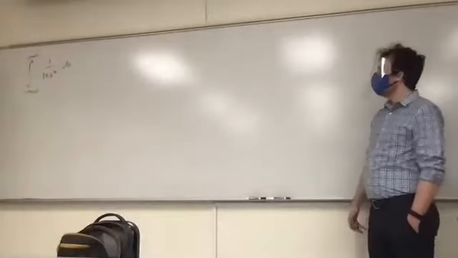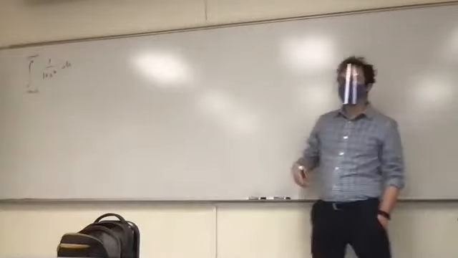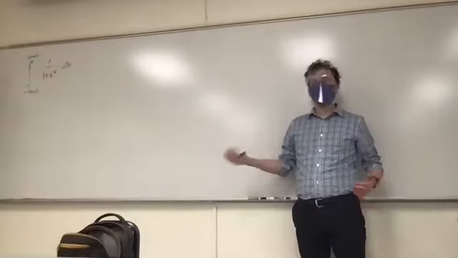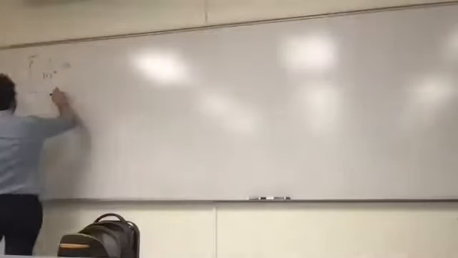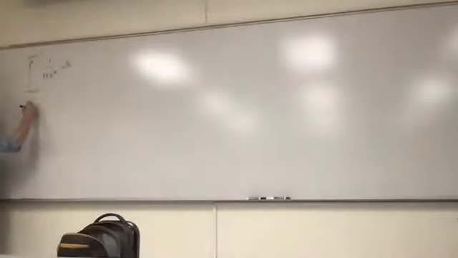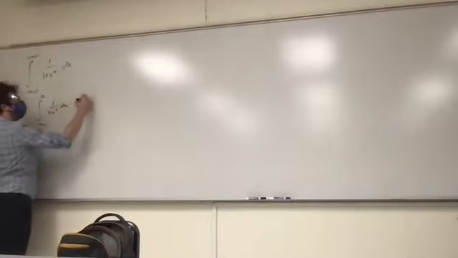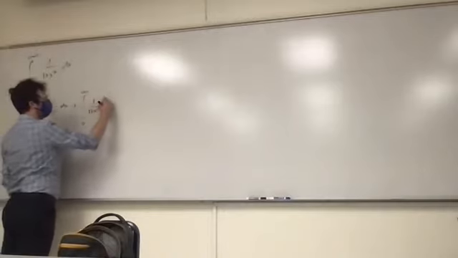Usually, 0 is a good point because it's right in the middle. And also, when you have to do some evaluating of the integrals, having 0 makes things simpler. So the way that we'll understand this is that this is going to be the integral from negative infinity up to 0 of 1/(1 plus x squared), and then the integral from 0 to infinity of 1/(1 plus x squared) dx.